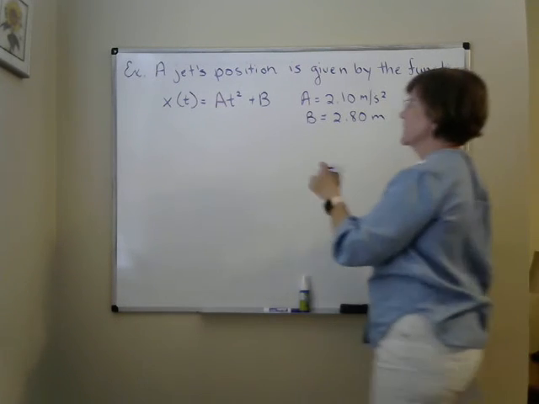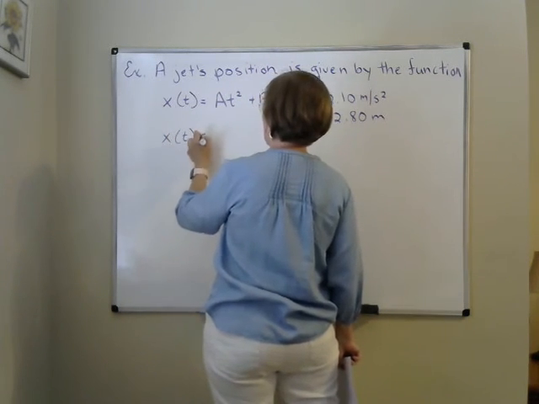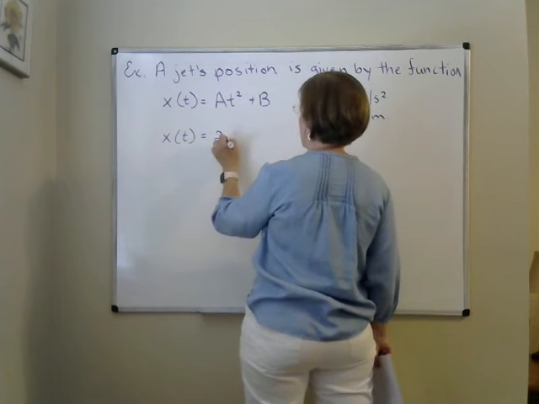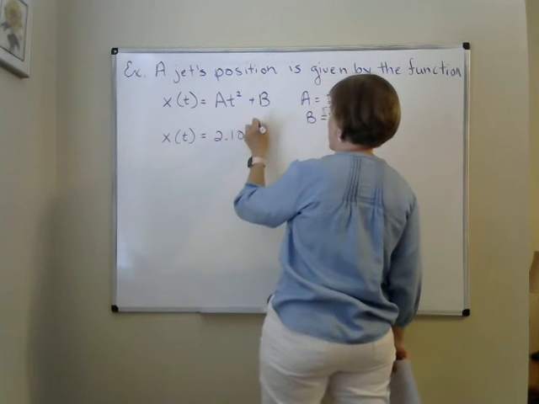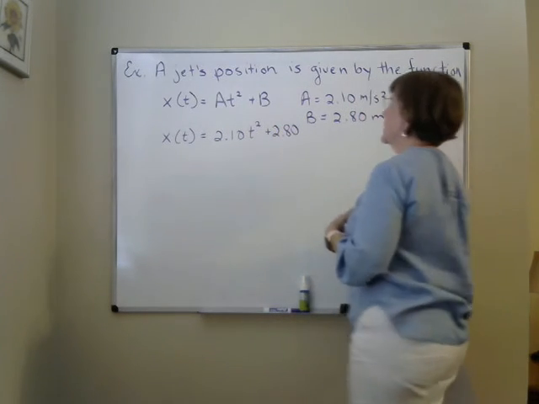So I can get this with the numbers in. My position function is 2.10 t squared plus 2.80. It's going to be in meters.